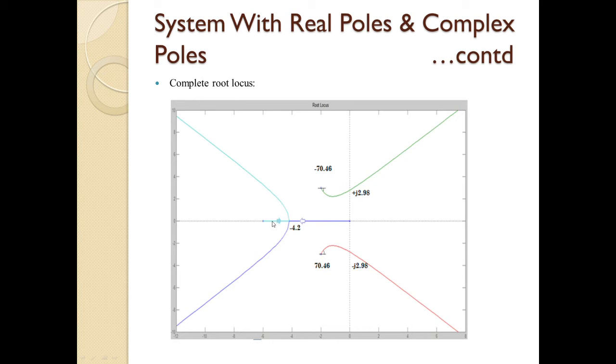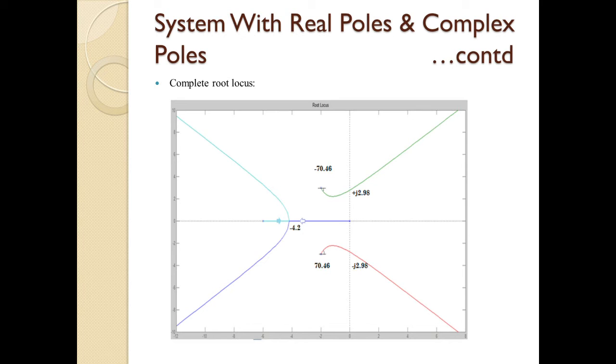For these two real poles, when the gain value is increasing, both the locus will originate from the pole locations, that is from 0 and minus 6, and they go towards the breakaway point. And the breakaway point has been calculated as minus 4.2.